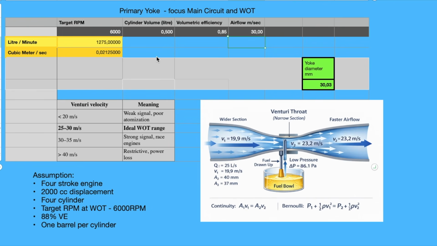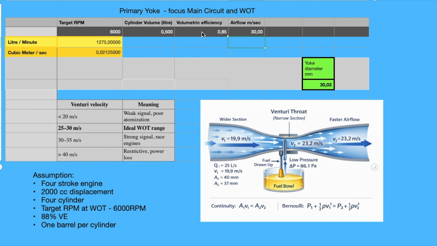So on the spreadsheet, I just plugged in the formulas that we have been looking through. My target RPM for my engine was 6,000 RPM. I have a half liter cylinder volume, so with 4 cylinders, it's 2 liters or 2000 cc.